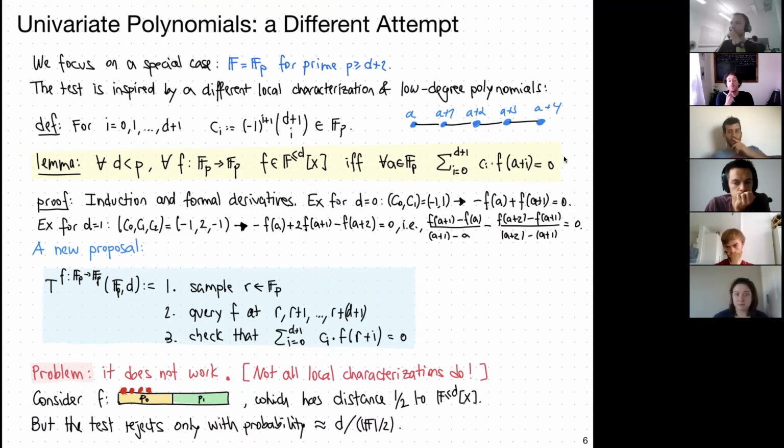It would look like a low-degree polynomial to that test. And maybe in this picture it doesn't make the point, because think about P0 being huge and P1 being huge and D being quite tiny. So in that sense, most of the probability is that you won't switch from P0 to P1.